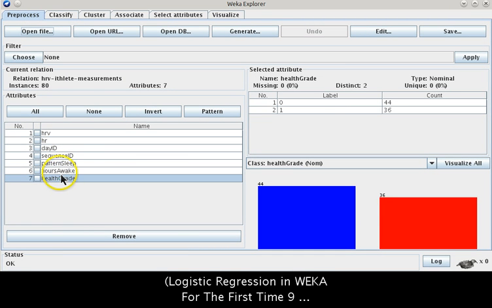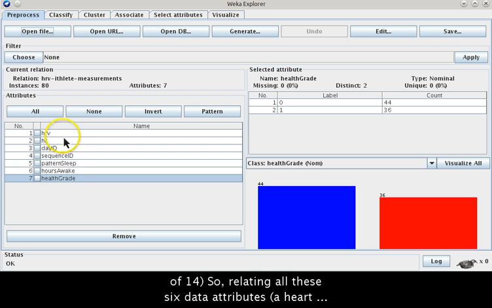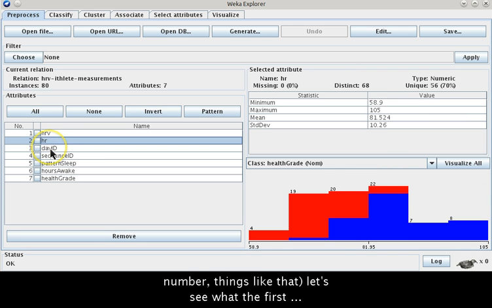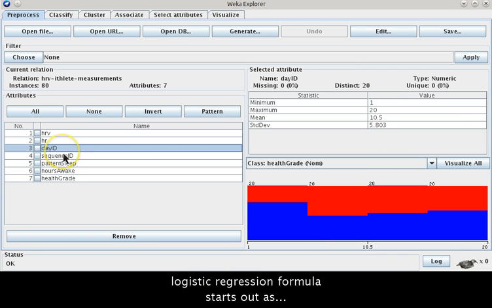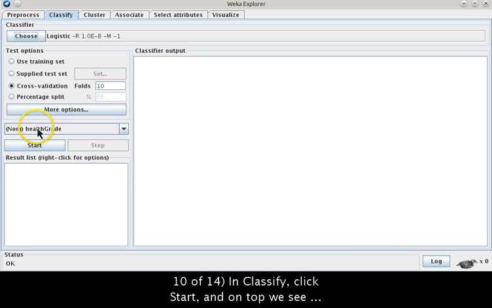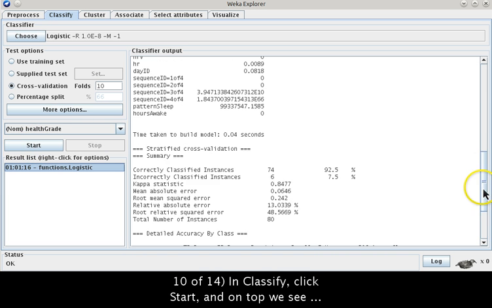So relating all these 6 data attributes, a heart rate score, another heart rate score, the day number, things like that. Let's see what the first logistic regression formula starts out as. To run logistic regression, click classify, start, and on top we see the formula.